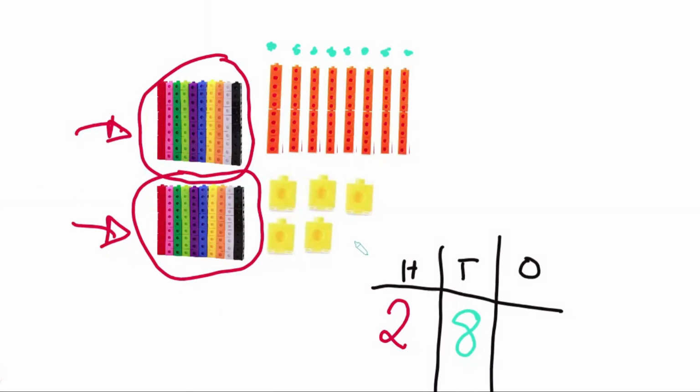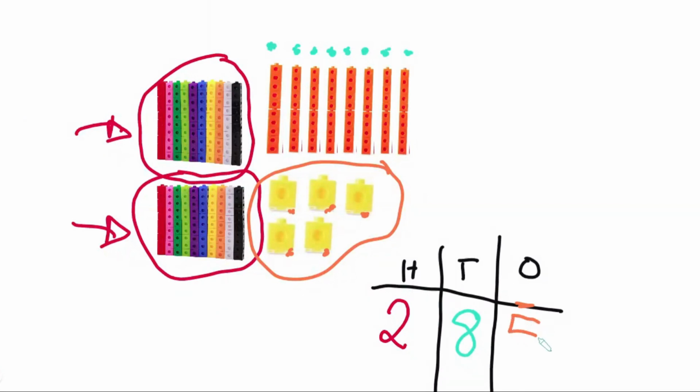And the last bit, how many ones, which is this group here, how many ones do we have? We're simply going to count them, then pop the number into our ones column. You ready to count them? 1, 2, 3, 4, 5. So what number are we going to pop into our ones column?